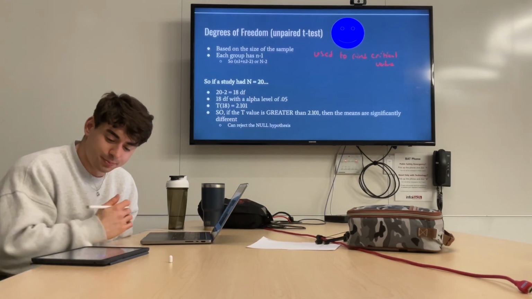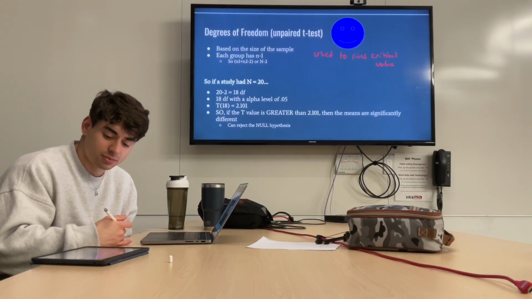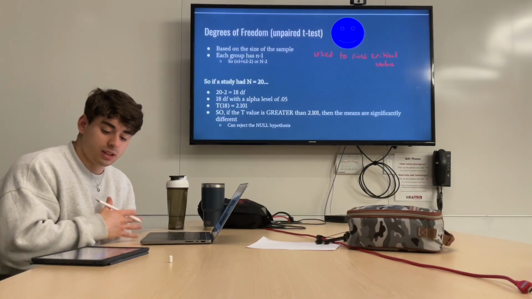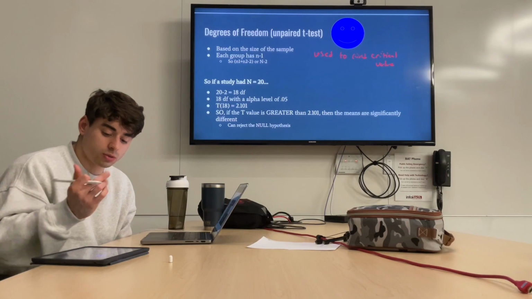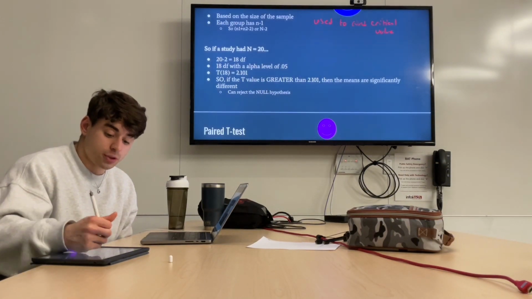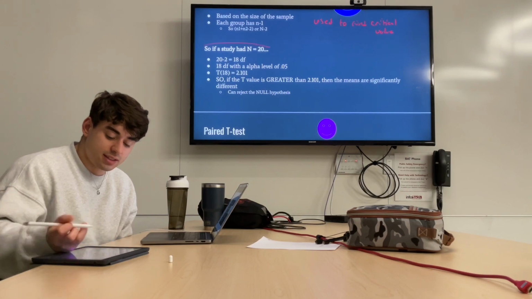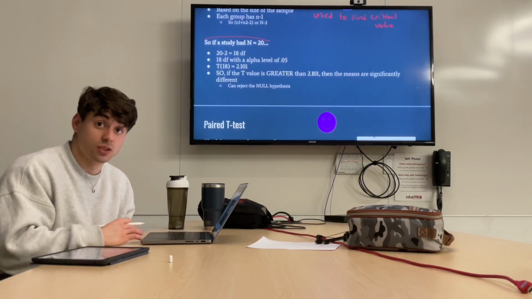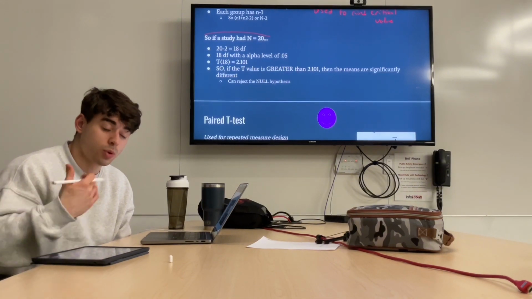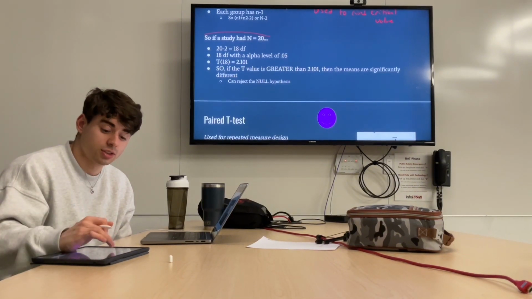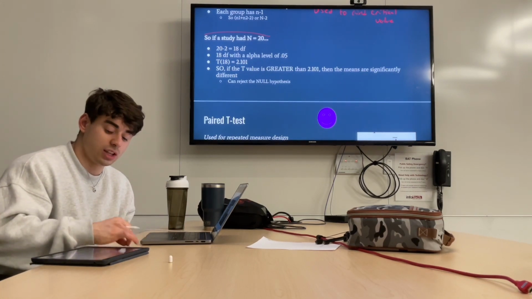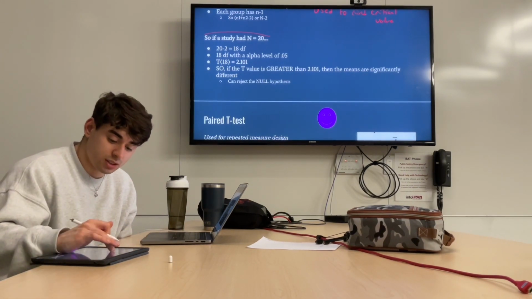For example, with the unpaired t-test, each group, since there's 2 groups, would be n minus 1. So in total, it's n minus 2. If a study had 10 participants in each group, in total that would be 20.